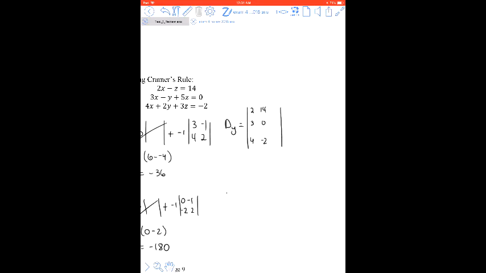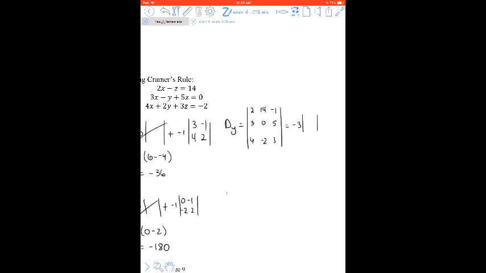The z column stays the same as it originally was, negative 1, 5, and 3. This time I'm going to expand that middle row because it's got the 0. And remember, the middle row is minus plus minus. So I'm actually going to start with minus 3.